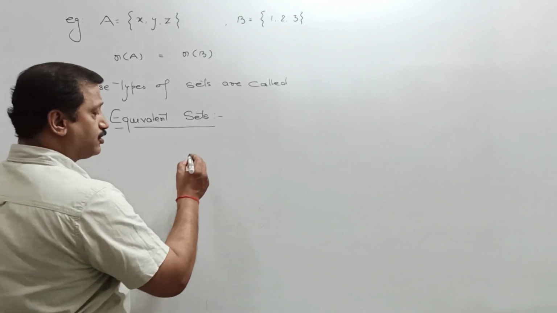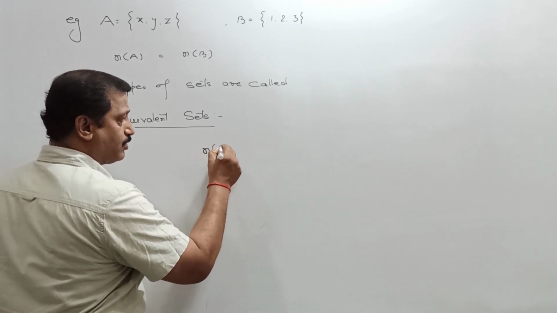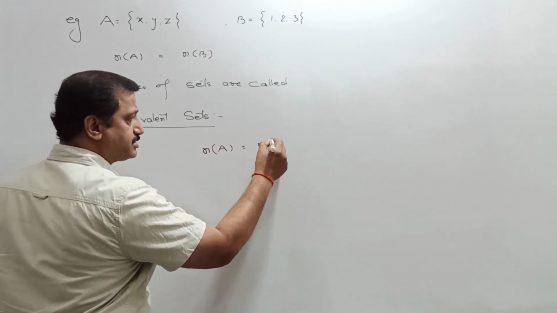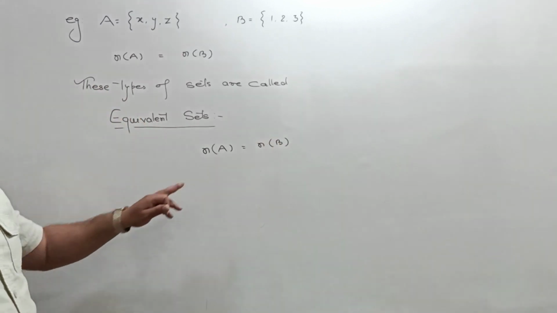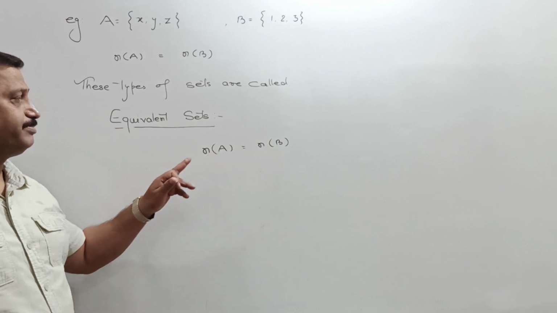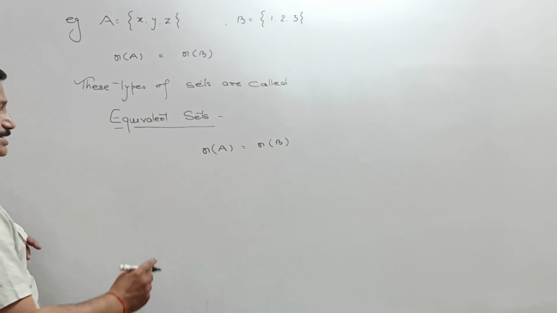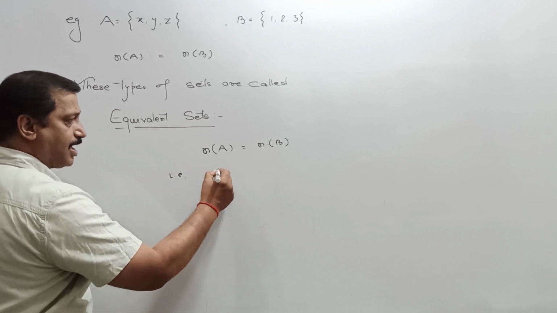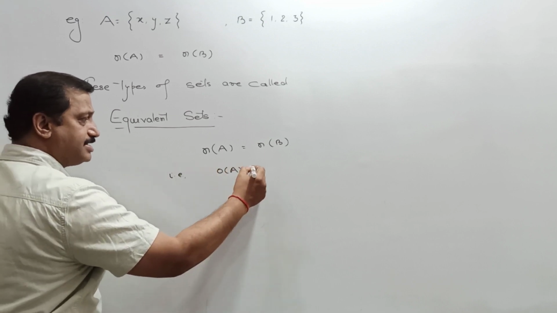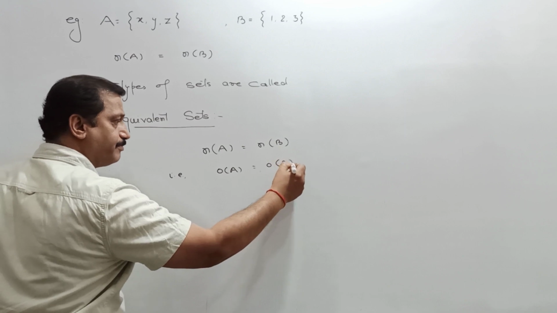That means those sets whose number of elements are equal are called equivalent sets. NA is equal to NB, then A and B are said to be equivalent sets. That is, order of A is equal to order of B.